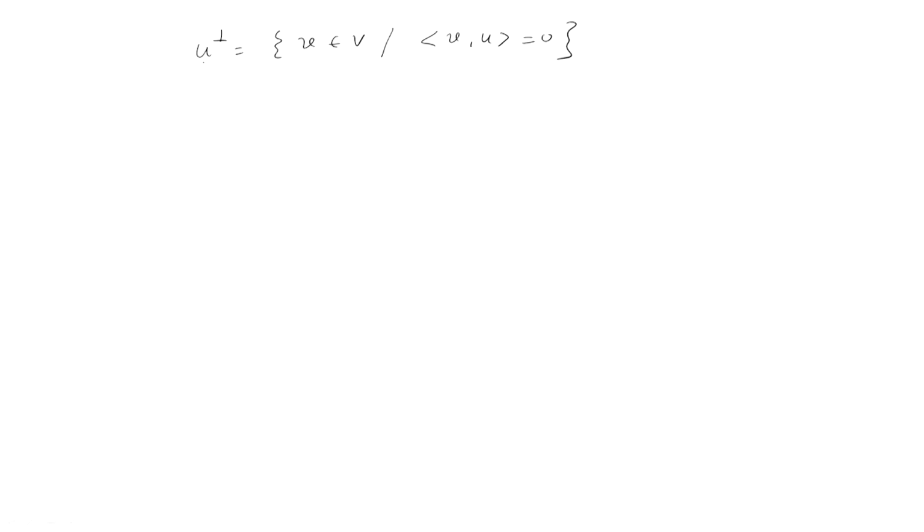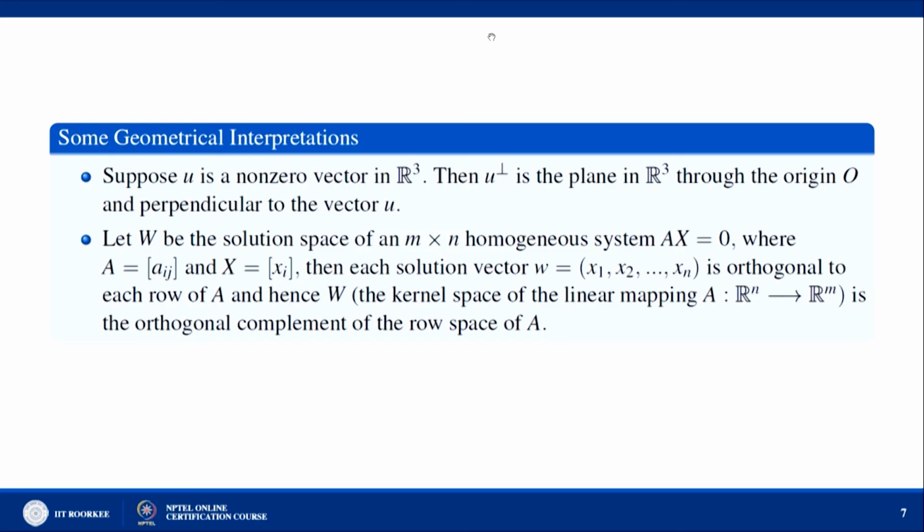Geometrically, it is something like a plane: we have to find all v, all the vectors in the plane passing through the origin, because the inner product is equal to 0, and perpendicular to u. It is very clear from the definition itself.